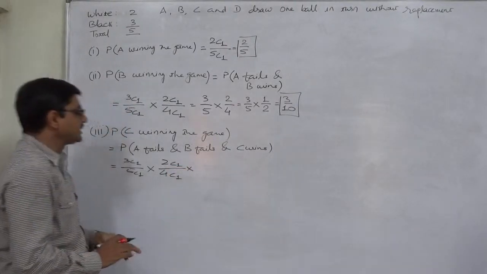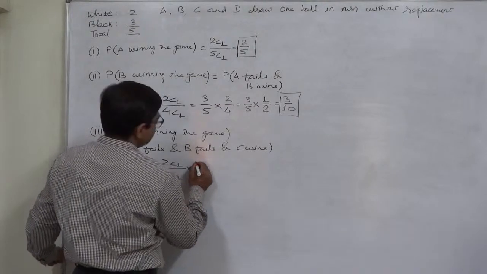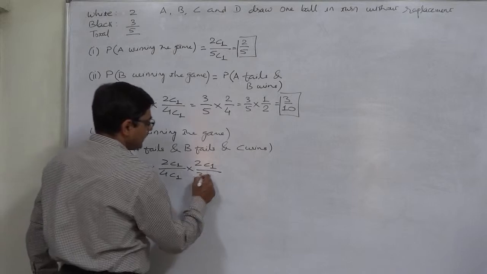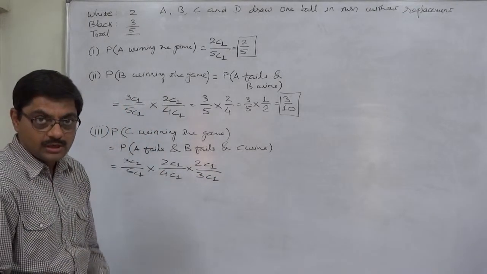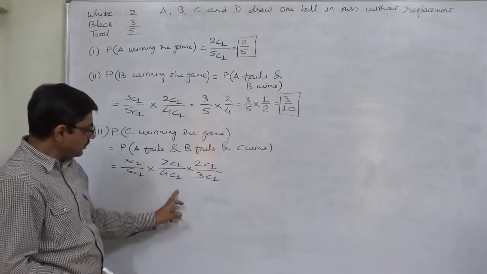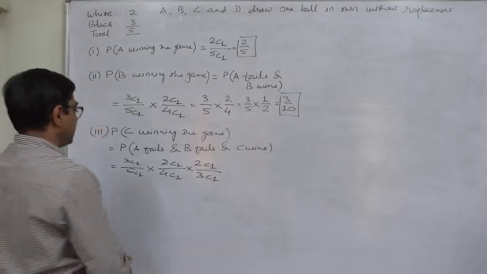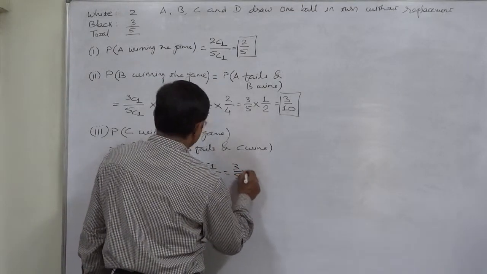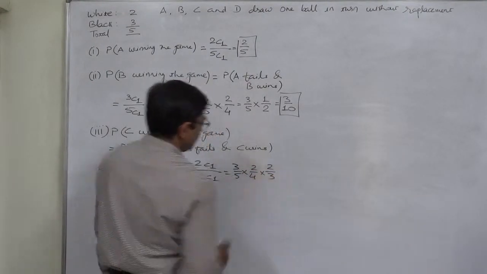So B has drawn 1 black ball out of 2, and now it is C's turn. 2C1 divided by 3C1, because B is also not going to replace his ball. A has not replaced, B has not replaced, so now only 3 balls are there in the box at the time of C's turn. The result is 3 by 5 into 2 by 4 into 2 by 3.